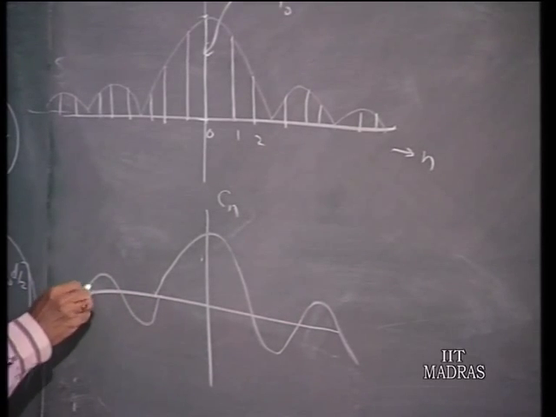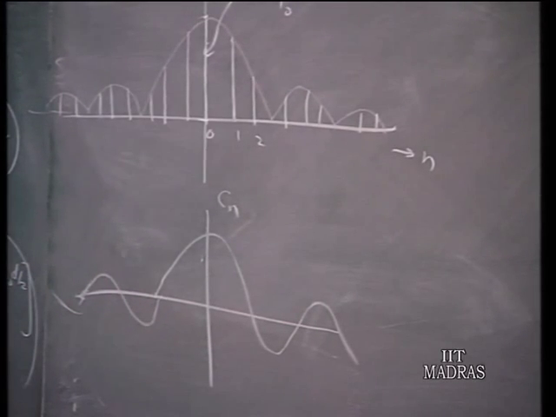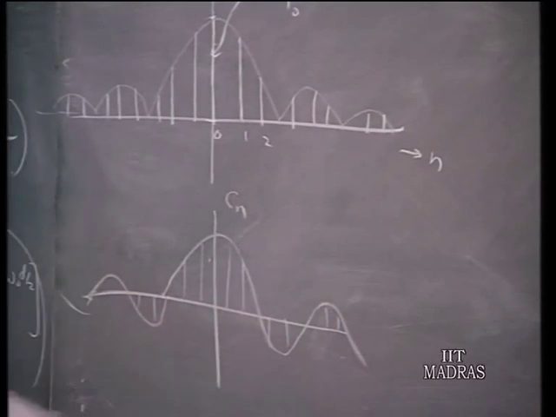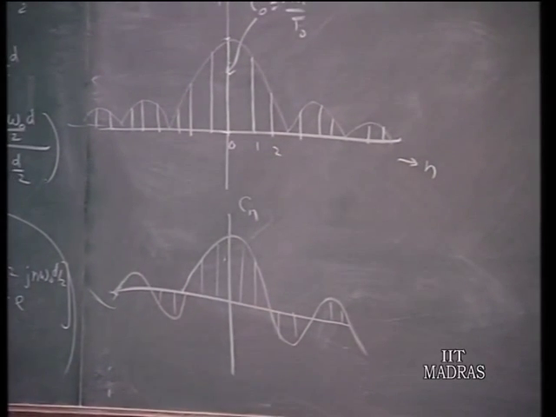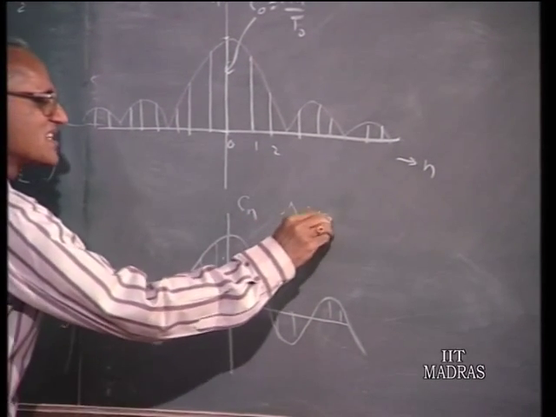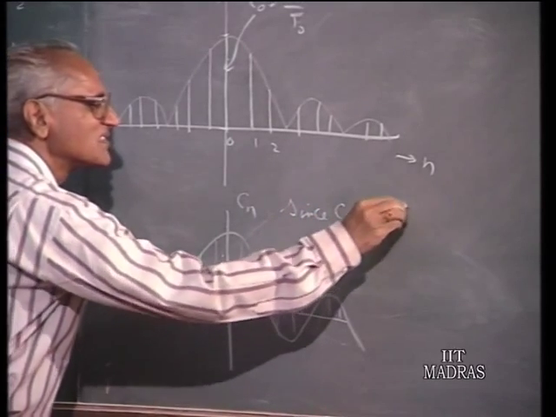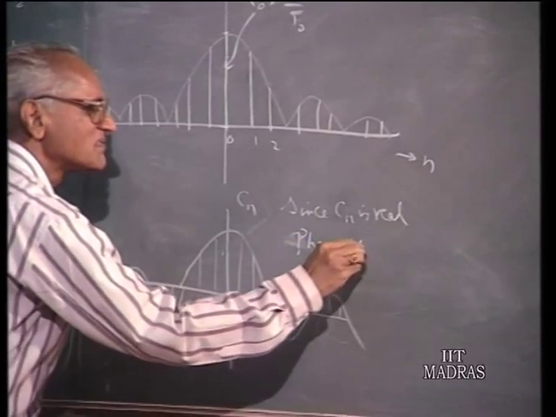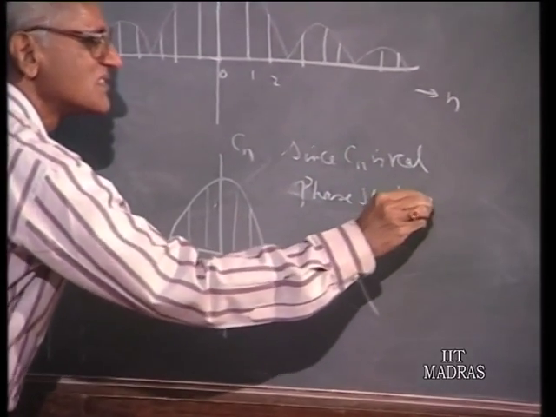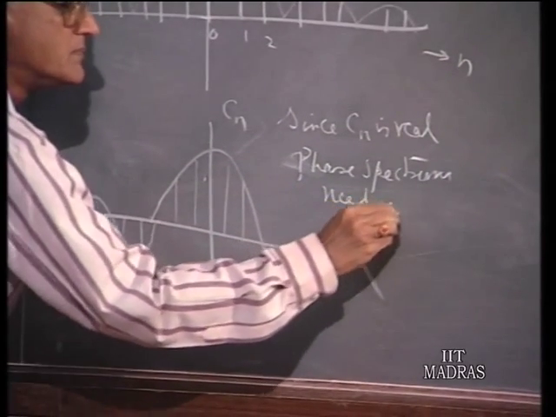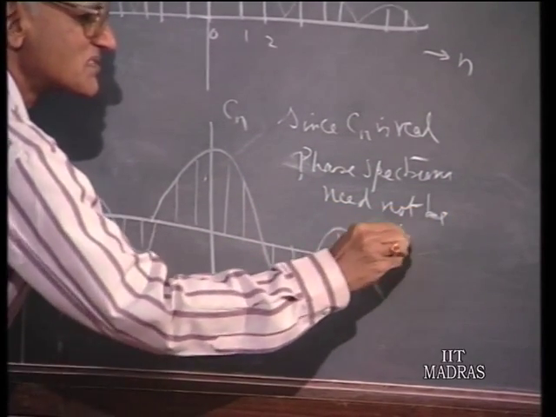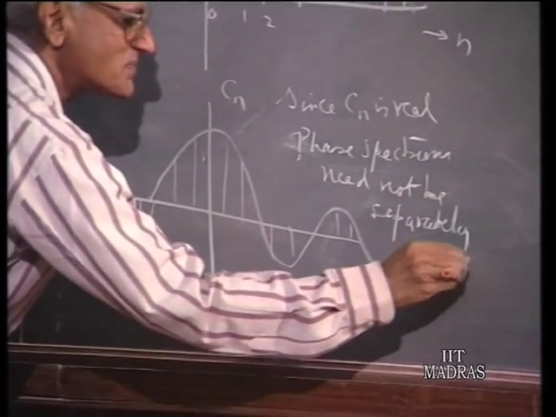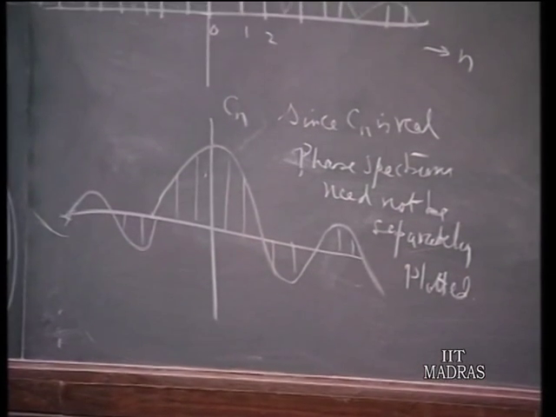So, we do not have to plot the magnitude and phase spectra separately. So, Cn is real, it is either positive or negative, and so that information can be given. Since Cn is real, phase spectrum is not necessary. Phase spectrum need not be separately plotted. So, the amplitudes go down in this fashion.